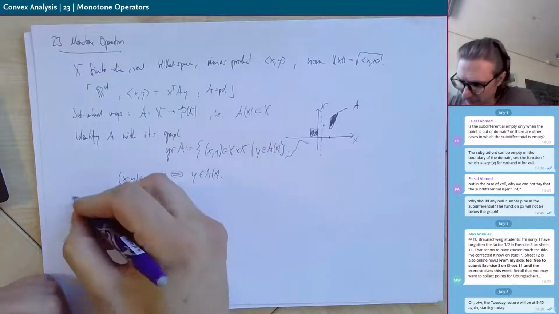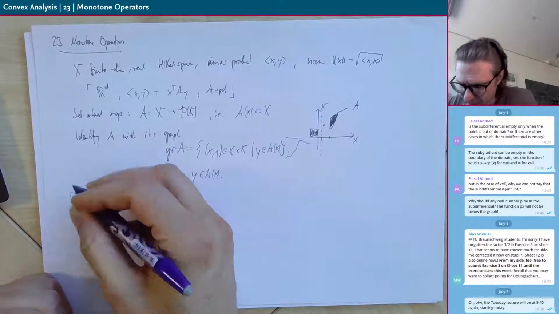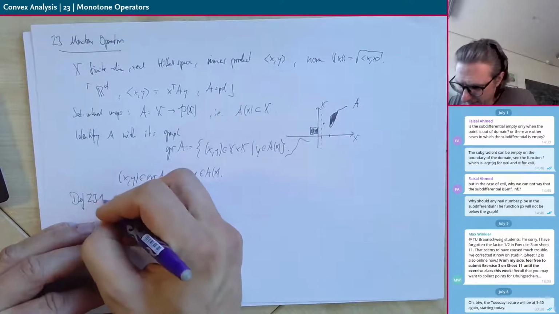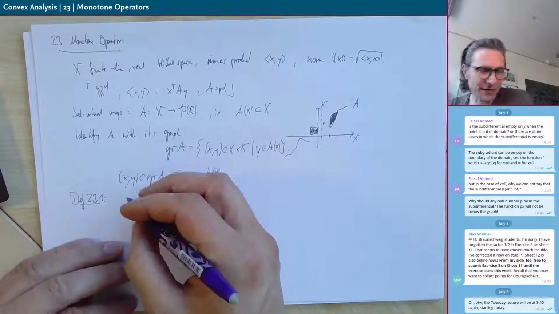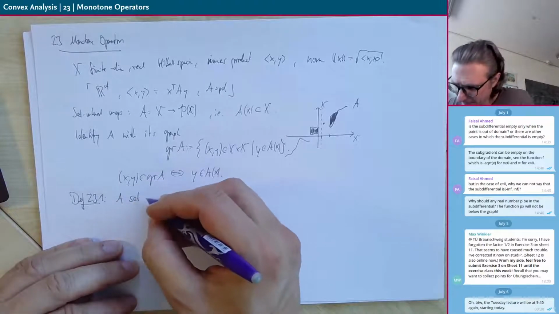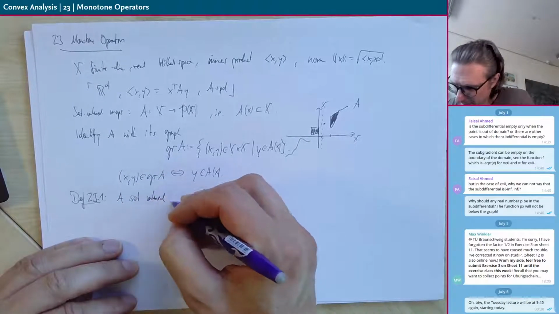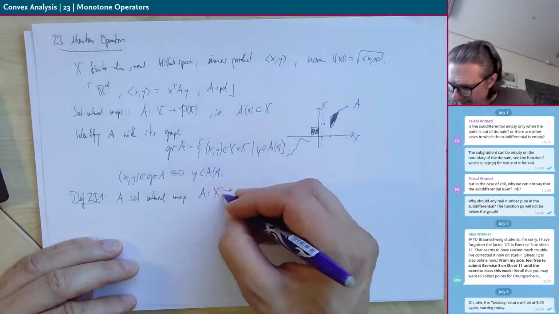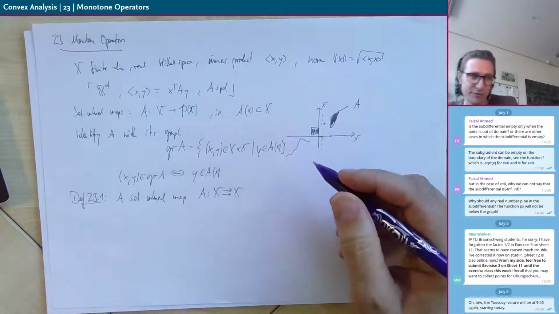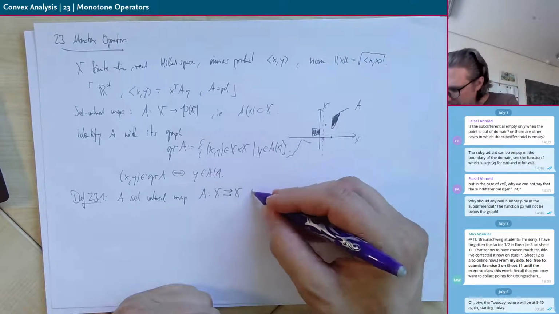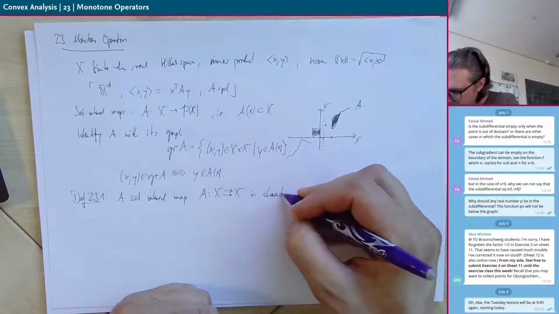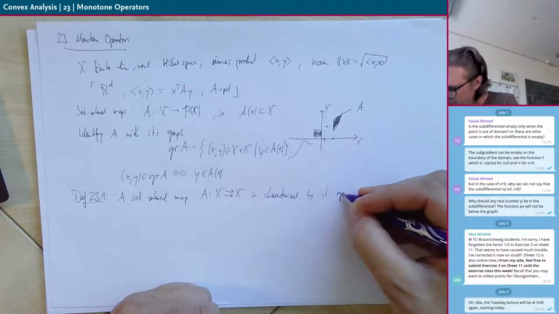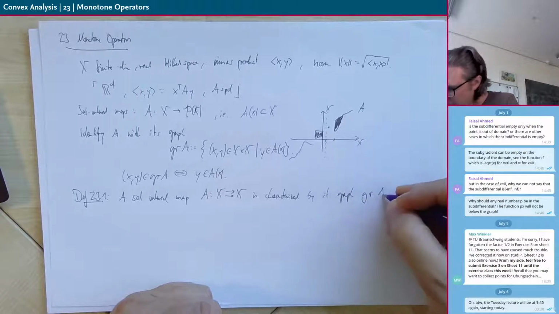Okay, so now we come to the definition. It's not 4, it's 23.1. So the definition says a set-valued map, which we denote by A mapping X to X with two arrows, so there may be multiple images, is characterized by its graph of A. We've seen that before.